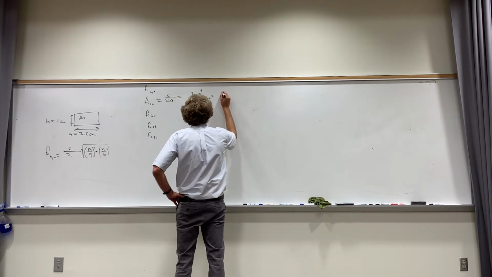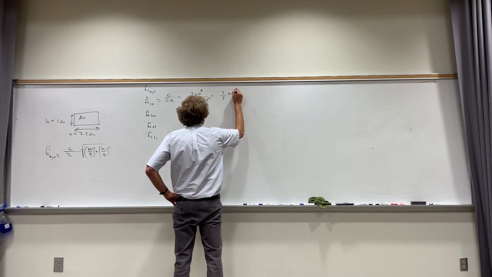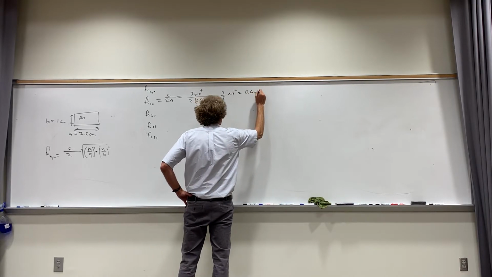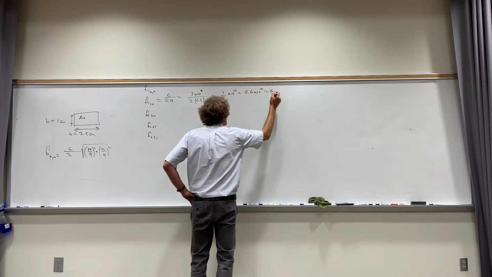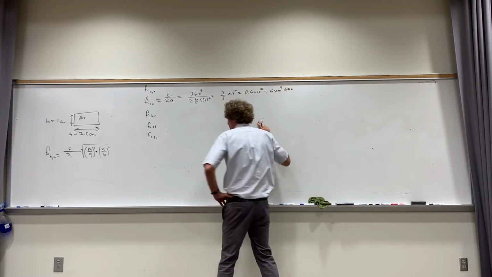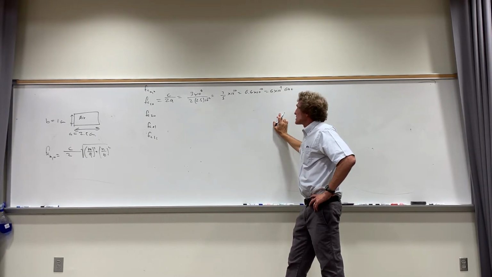So that's going to be 3 over 5, times 10 to the 10th. That's 0.6 times 10 to the 10th, or 6 times 10 to the 9th, 6 gigahertz, right? Isn't that right, class? You have your calculators? That's right, 6 gigahertz.